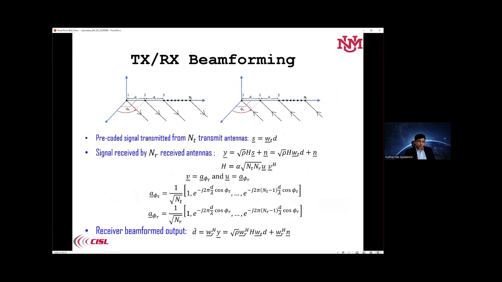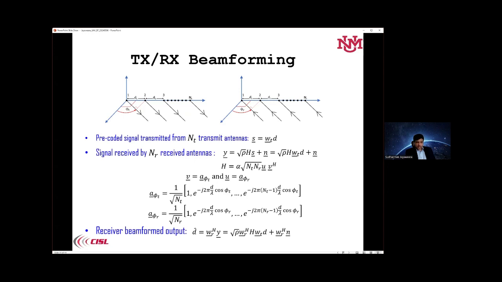If you write the pre-coded transmit signal as some weighted version of the data symbol D, then you can write it as S equal to W_T D. The received signal you can write as Y, which is given by square root of rho, where rho is the transmit signal to noise ratio.